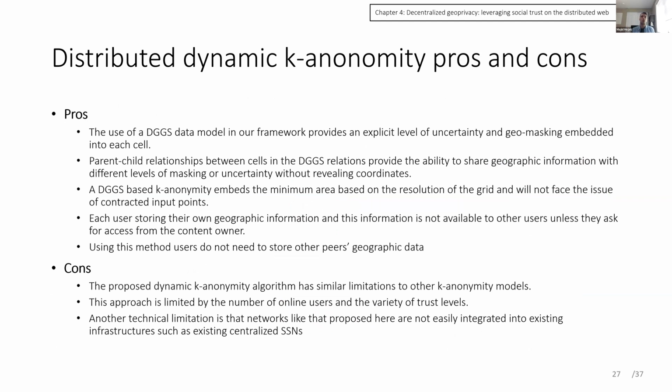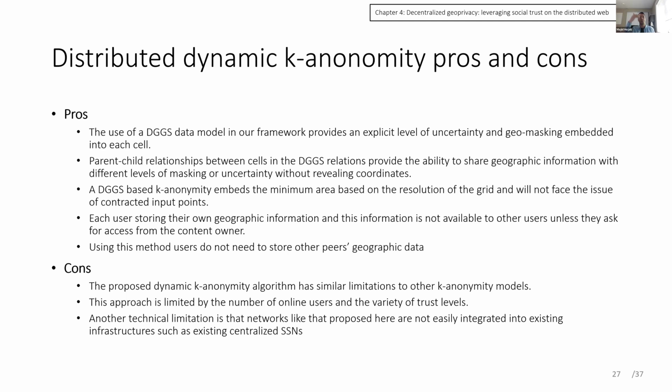This approach has pros and cons. We use the discrete global grid system for the k-anonymity model, and our network infrastructure is a peer-to-peer network. DGGS allows us to have an explicit level of uncertainty in shared location data.